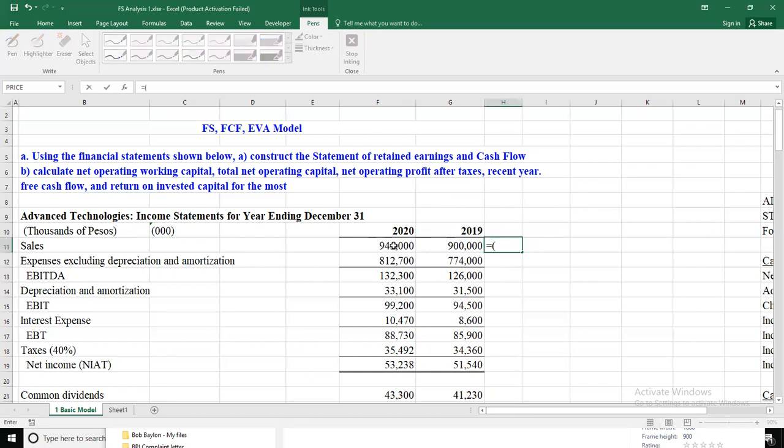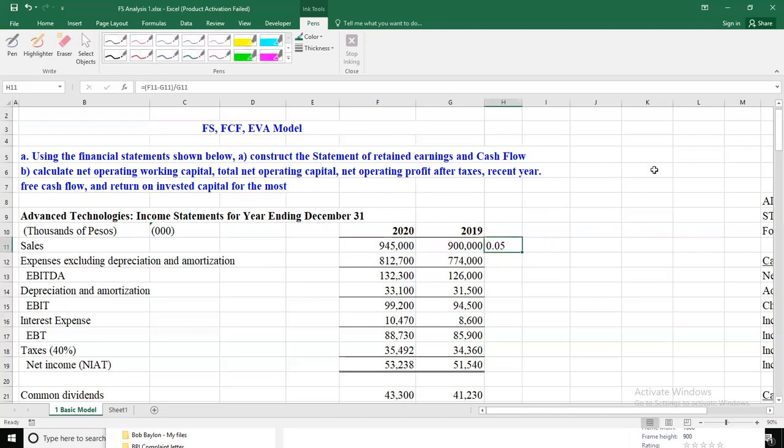So 945K minus 900K, and then the result I just divided by 900K to get the growth from 2019. Okay, so is this the formula that you used? Yes. Okay, thank you, Mark. That's correct, very correct. So the answer is 5%.